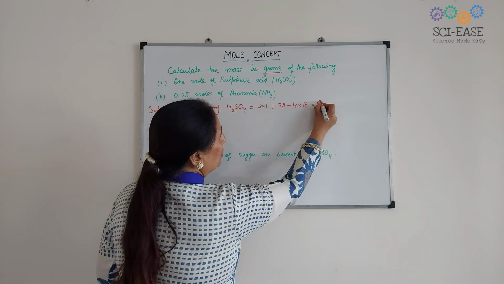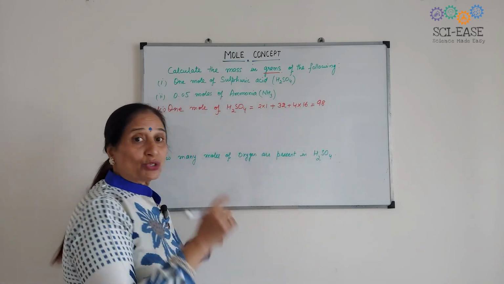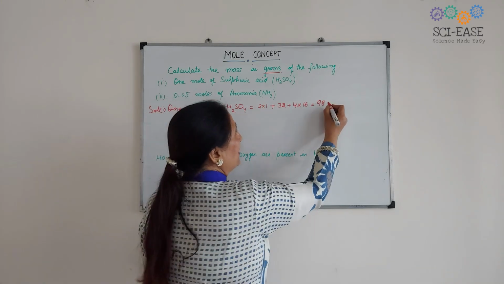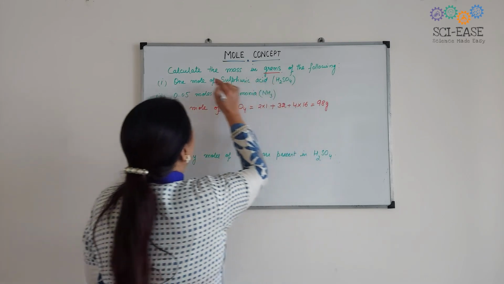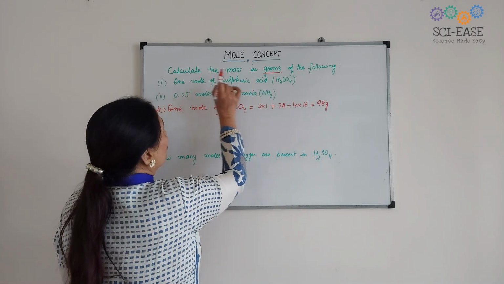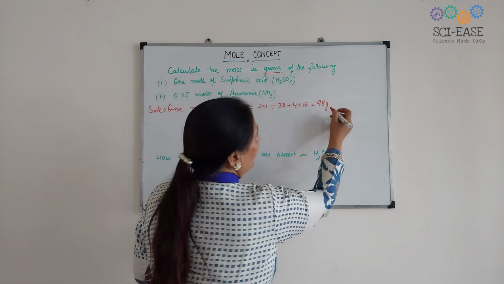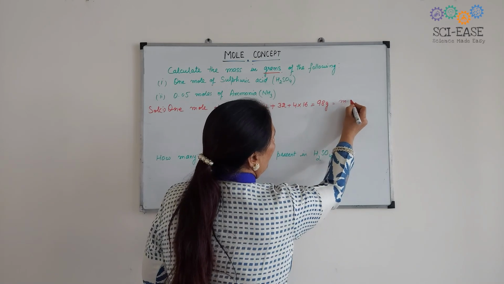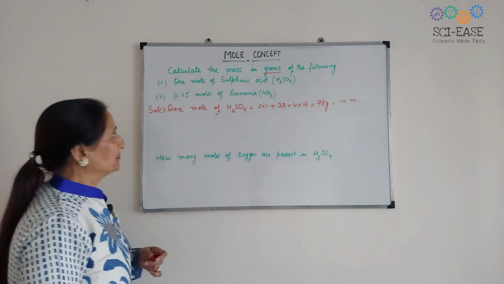So this will come out to be 98. Should I write U here? No, I will write grams because I am to calculate mass in grams and it is equal to molecular mass.